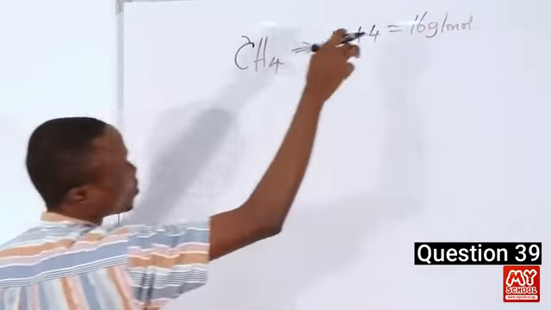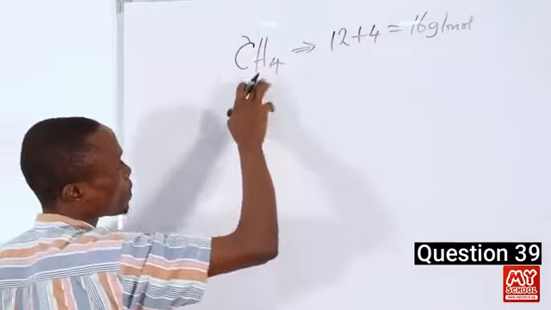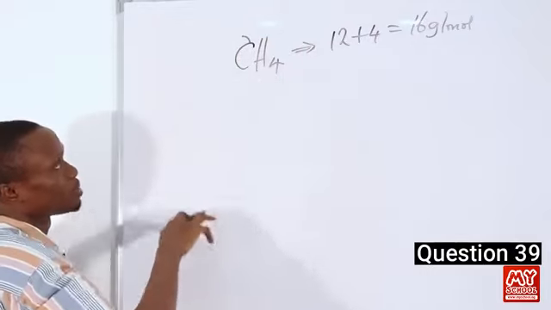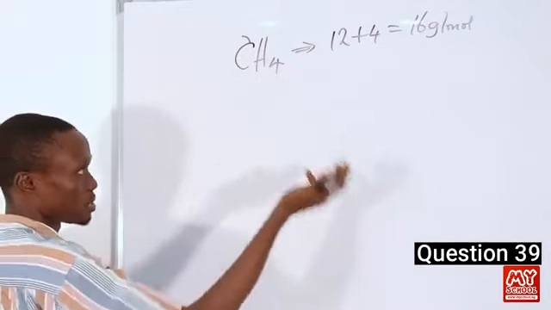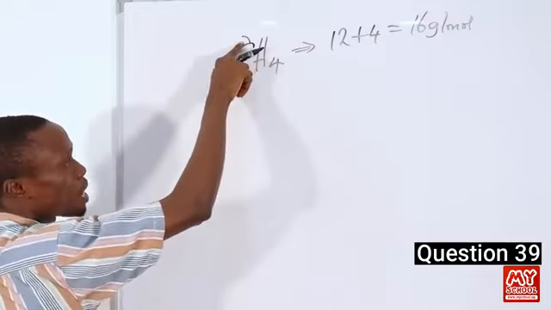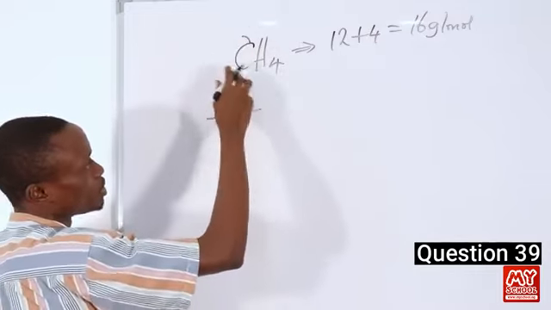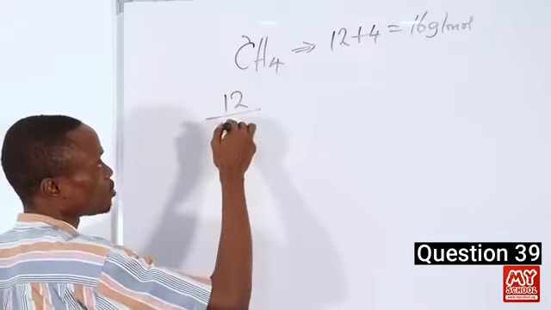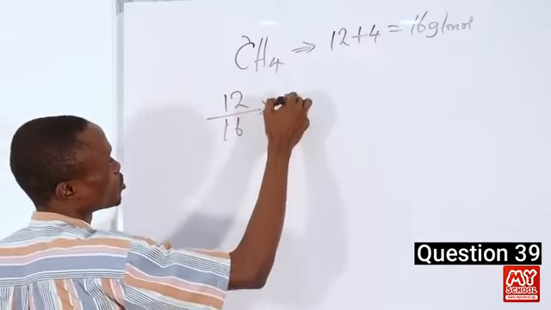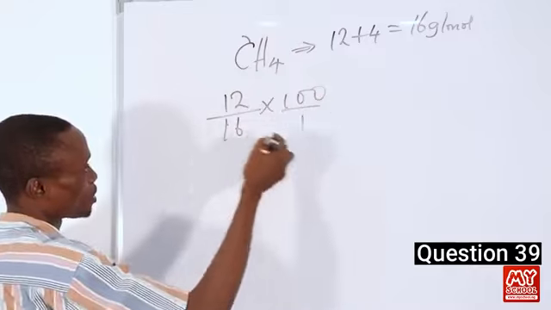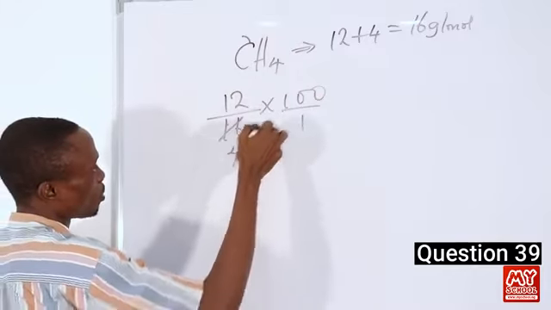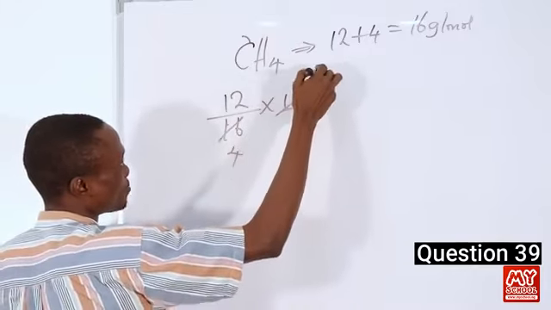So now that we know the molar mass of methane, we can calculate the mass percentage of carbon in methane. We know that the molar mass of carbon is 12. So we just go 12 over the molar mass of methane, which is 16, times 100 over 1. So 4 here will give us 4. 4 here is going to give us 25.